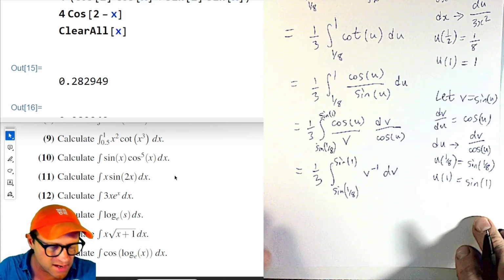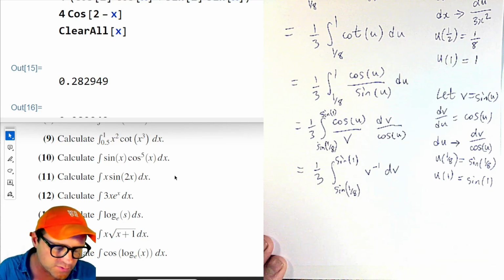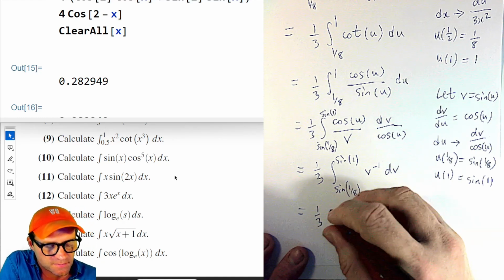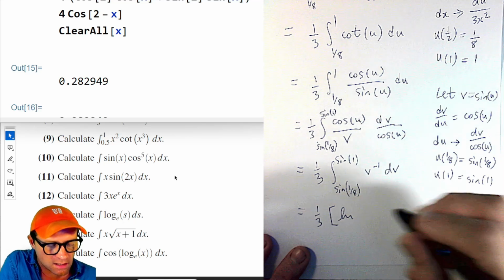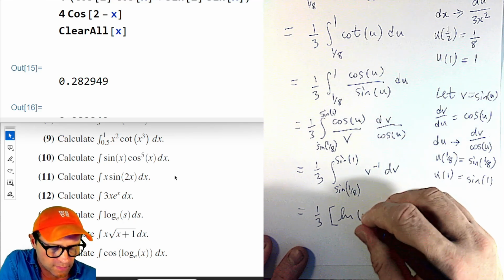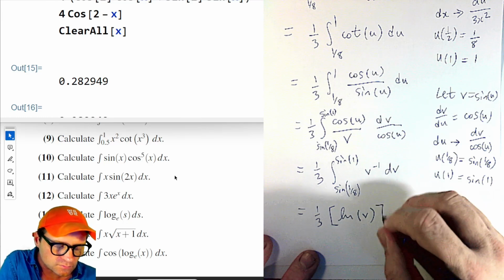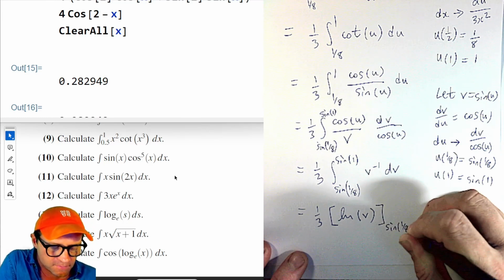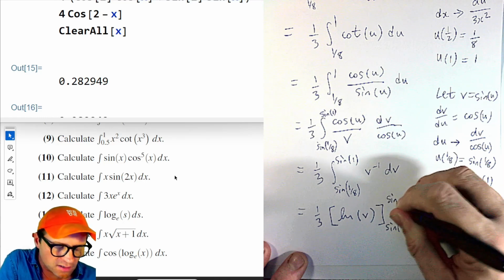Okay, we are nearly there. Now the integral of v to the minus 1 with respect to v is the natural log of v. So 1/3 ln of v, and then this is from sine 1/8 to sine of 1.